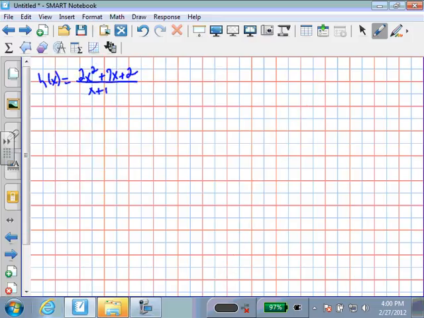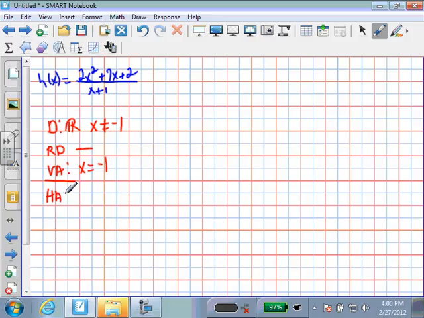Our third example. Pause the video and try. Our domain, all real numbers, except x is not -1. The numerator will not factor, so we do not have a removable discontinuity. Instead, we have a vertical asymptote at x equals -1.